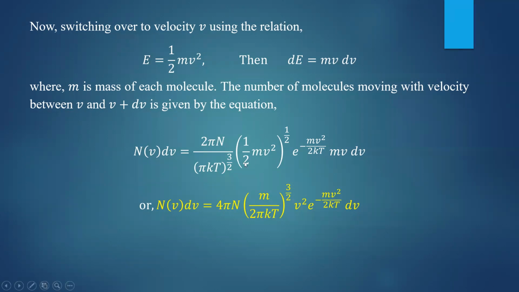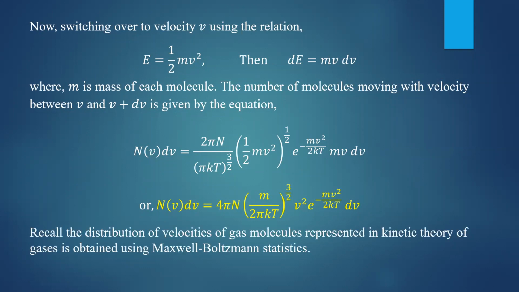Here 2 to the power half is there. What I will do, I will multiply it by 2 and divide by 2. You will get 2 to the power 3 by 2. Okay, so this is the expression for the number of particles having the velocity between v and v plus dv. And you have studied this particular expression in kinetic theory of gases in second semester.